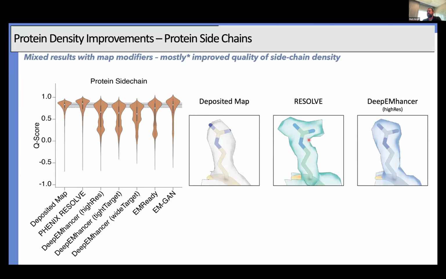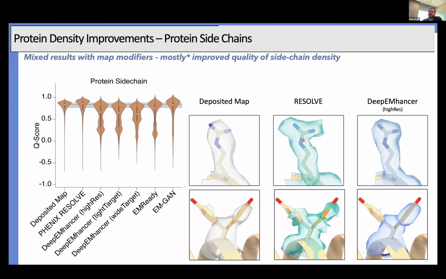Now, this is great for placing your side chains, but one thing that we did observe is that in the 20S proteasome, there is one tyrosine that experiences an alternate rotameric conformation. That's been observed in several EM volumes. In the deposited map, it's basically a 65-35 split in how it's being refined. Phoenix Resolve improves this to almost a 50-50.